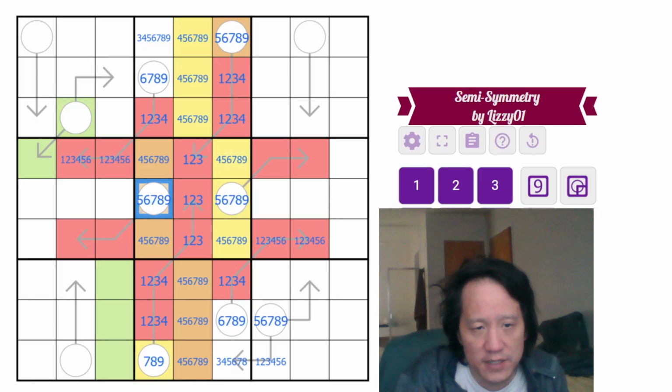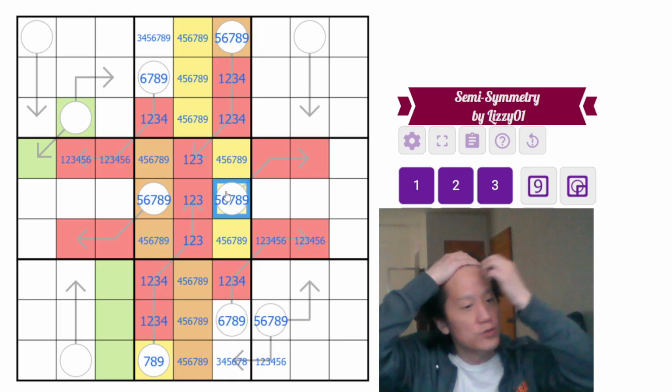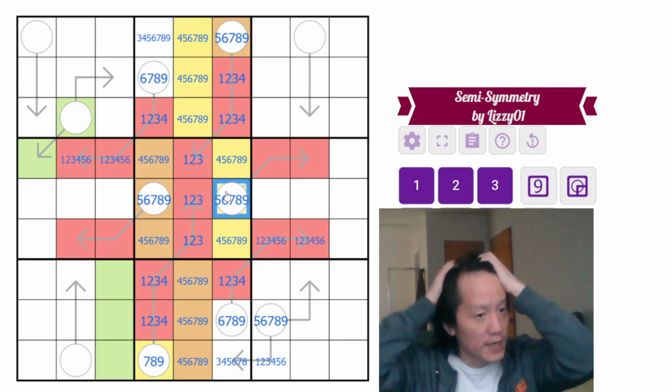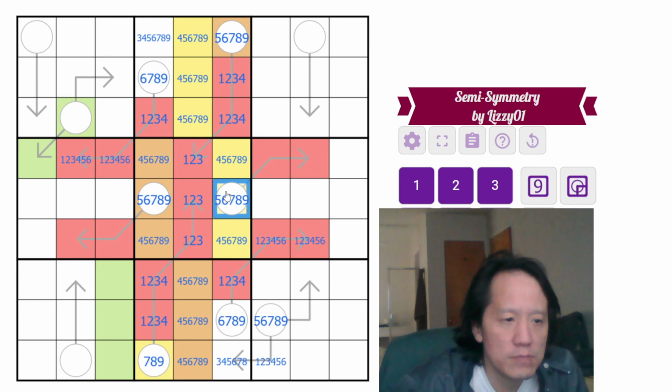So you cannot have 5 and 6 in the middle circles. Because that forces an 8, 9, 8, 9 elsewhere, right? You cannot have 8 and 9 on both.